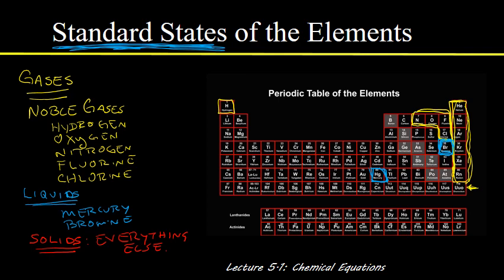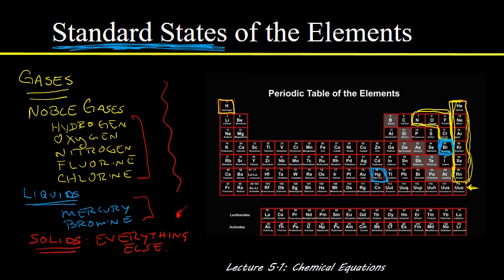So when you're writing or discussing chemical reactions, you should be able to recognize the states of most species. For all of the elements, you should know this. Know the gases are the noble gases plus these few that you're familiar with. There are two liquids, mercury and bromine, and everything else is a solid.